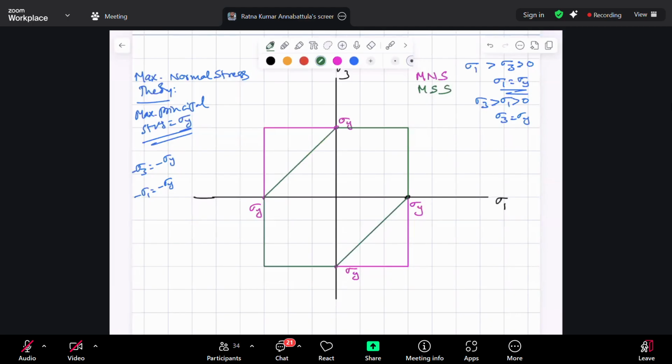That is your maximum shear stress theory, isn't it? Yes, sir. Now you have to draw distortion energy theory in red color.